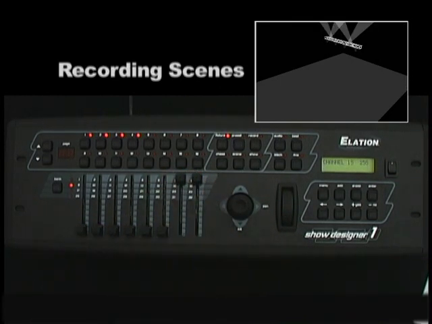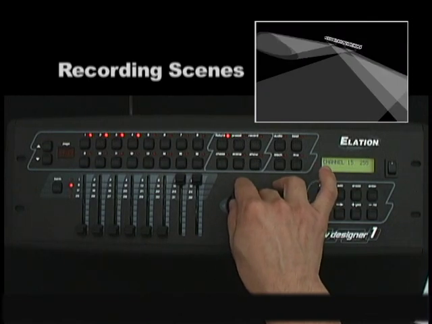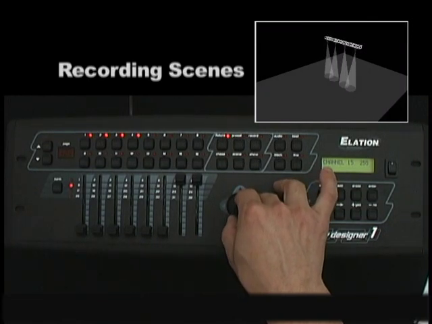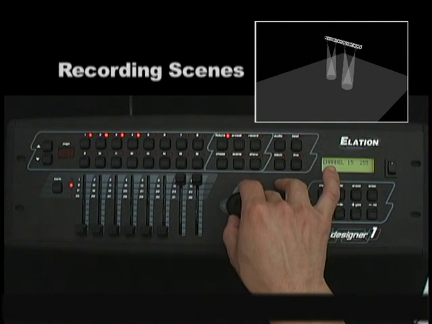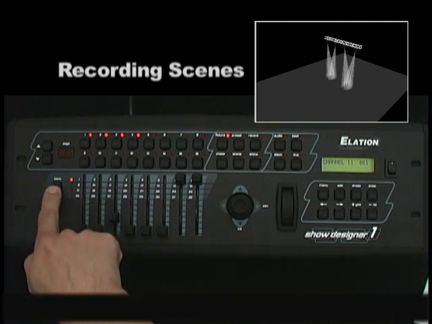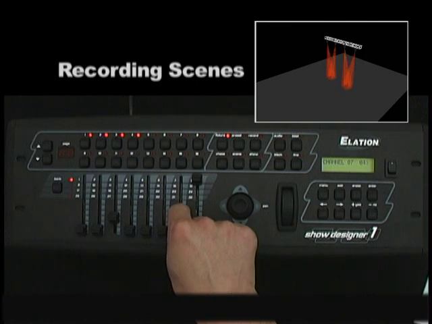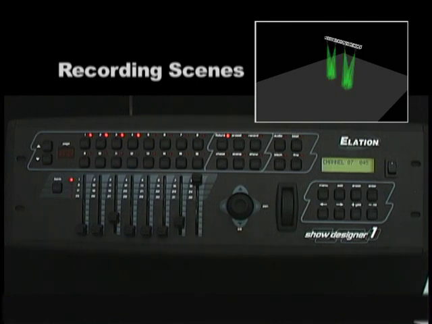I'll open the dimmer and shutter, adjust my beam position, set a gobo if desired, set a color if desired, and store that as a scene by pressing the record button.